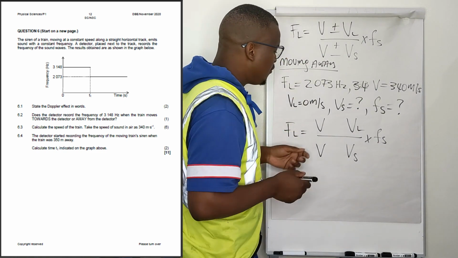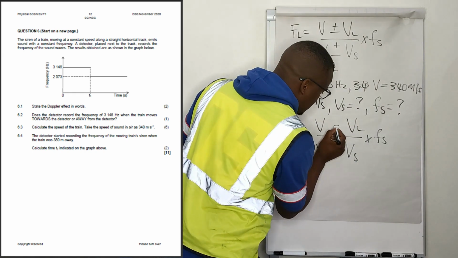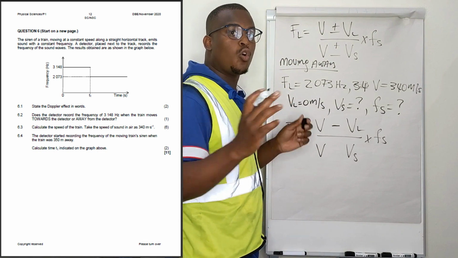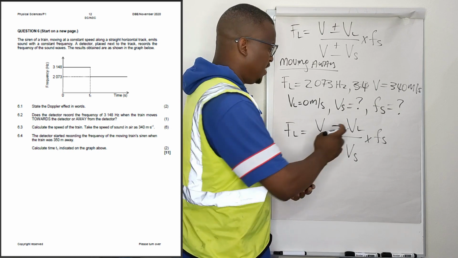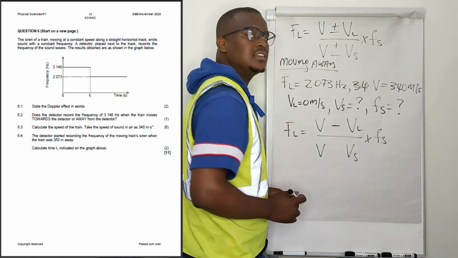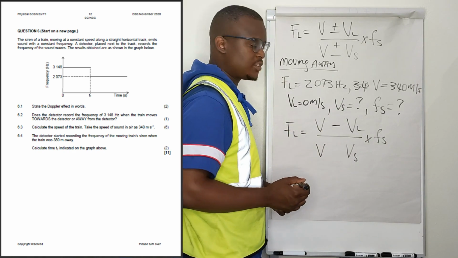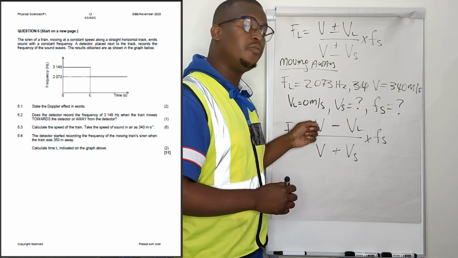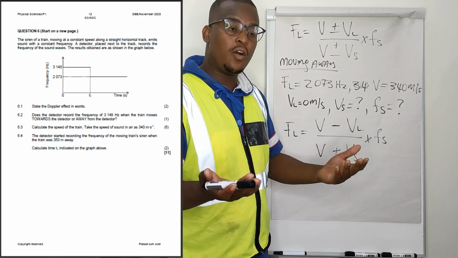So if we want a smaller numerator, it should be minus here. And we want a bigger denominator to get a smaller overall value of this fraction, so we will have plus here. So the numerator will be very small and the denominator will be very big.